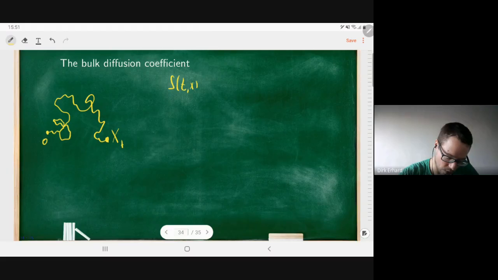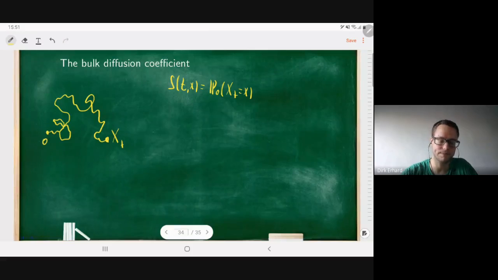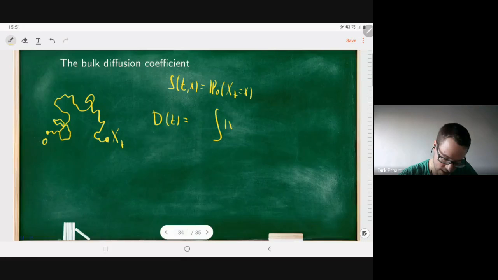So one way of measuring it, and again, we didn't come up with this, is to look at so-called bulk diffusion. So what is this? It's something that depends on time. What you really look at is some kind of a second moment of this st of x.